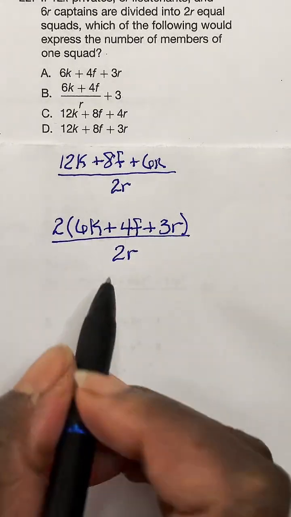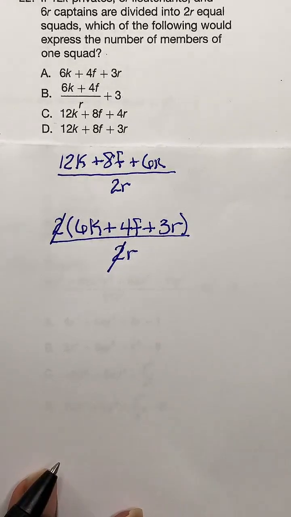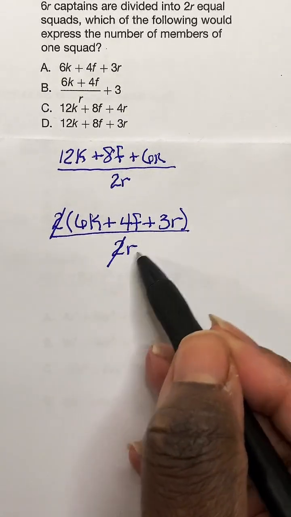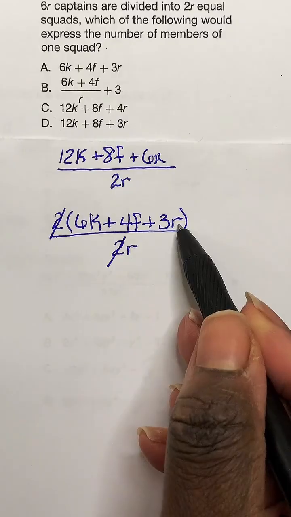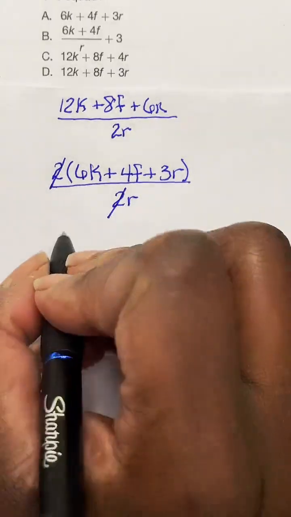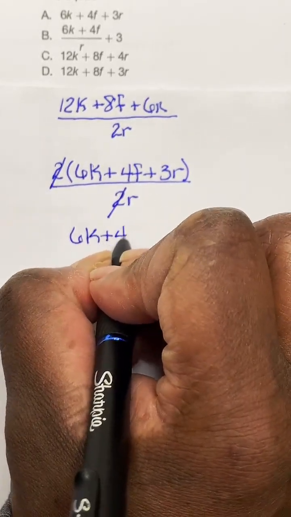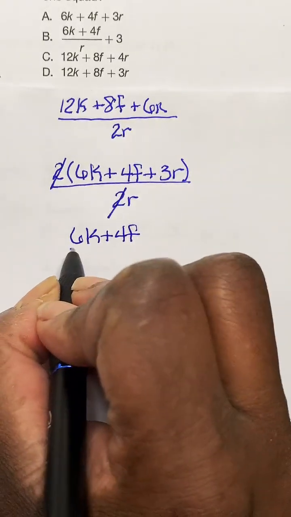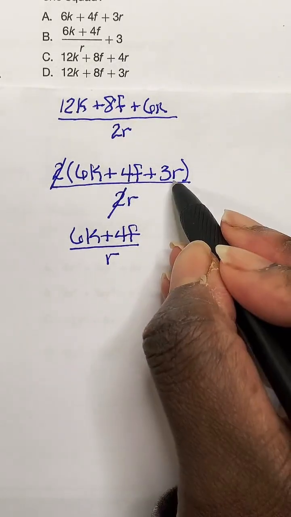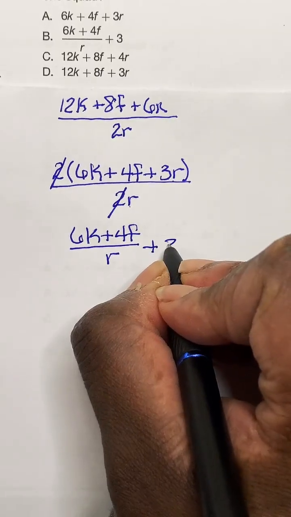Okay, so right now, I can cancel out this 2 and this 2. I also notice that with the R's, just the R's can cancel out. So what's left over is going to be 6K plus 4F, that is still in association with the singular R. But when it comes to the 3R divided by R, what's left over is the plus 3.